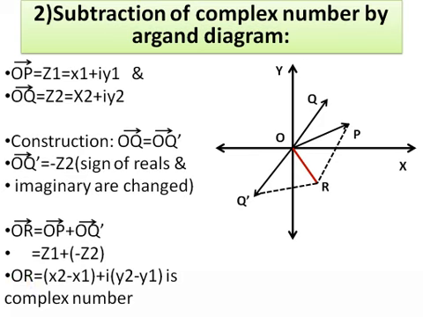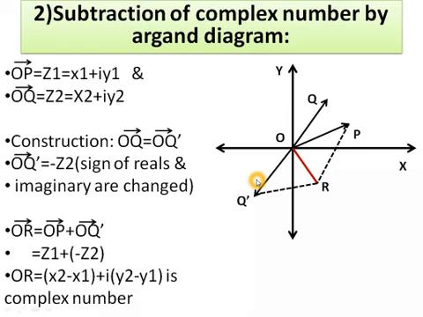which has the real part as x1 minus x2 and the imaginary part as i times y1 minus y2. So the subtraction of complex numbers gives a new complex number.